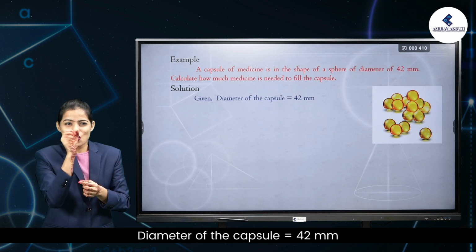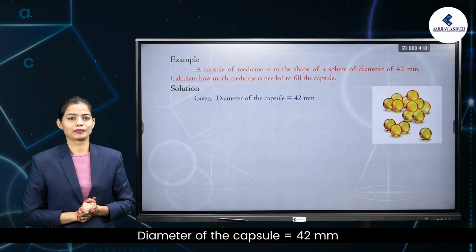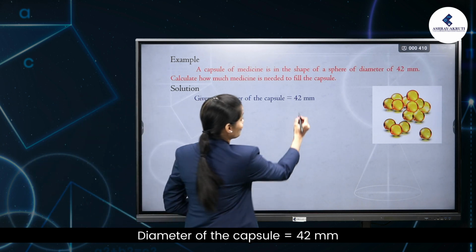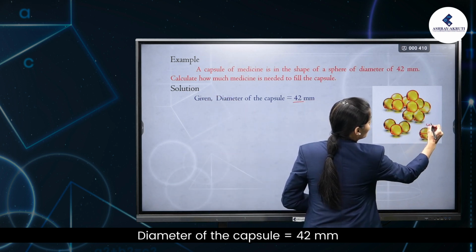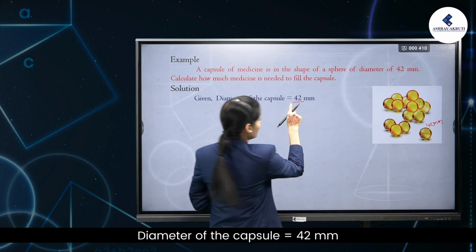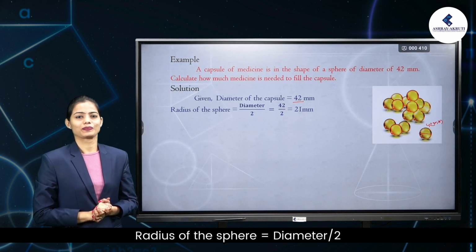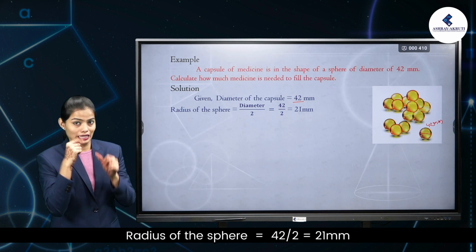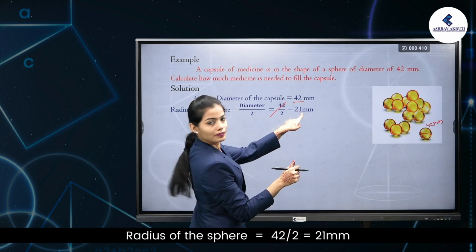Given diameter of the capsule is equal to 42 mm, radius of the sphere is equal to diameter by 2, is equal to 42 by 2, is equal to 21 mm.